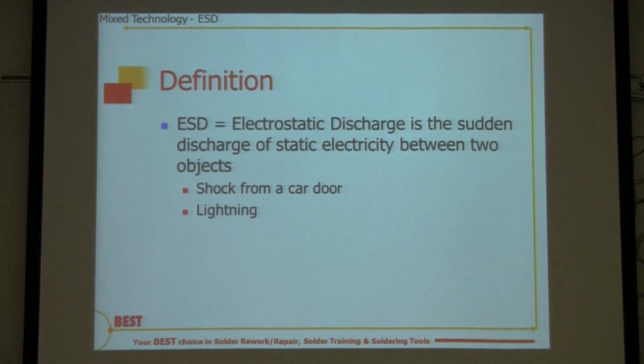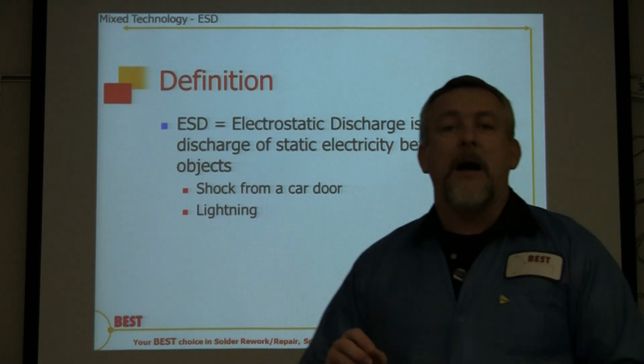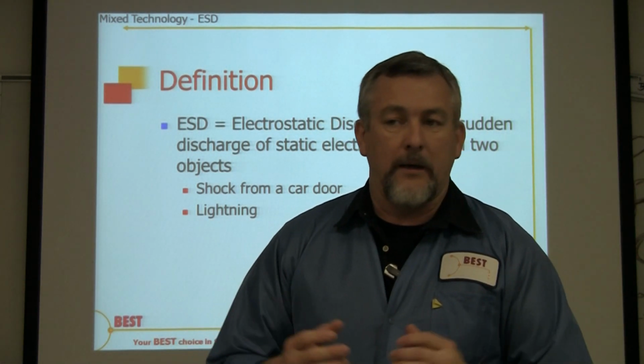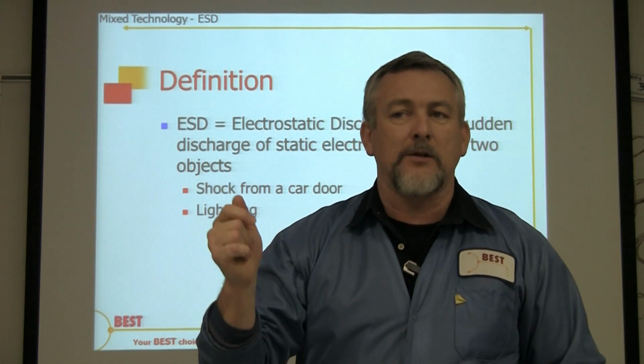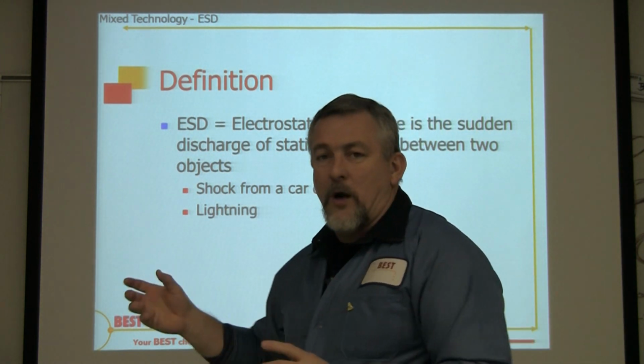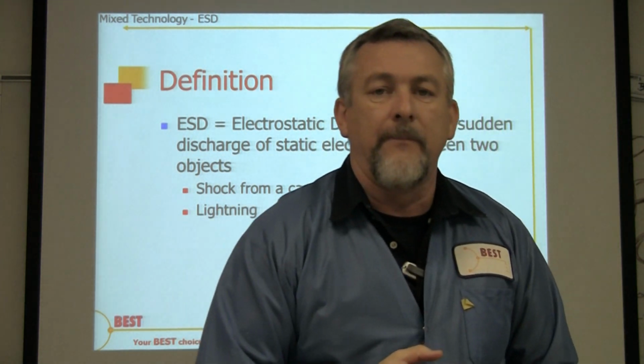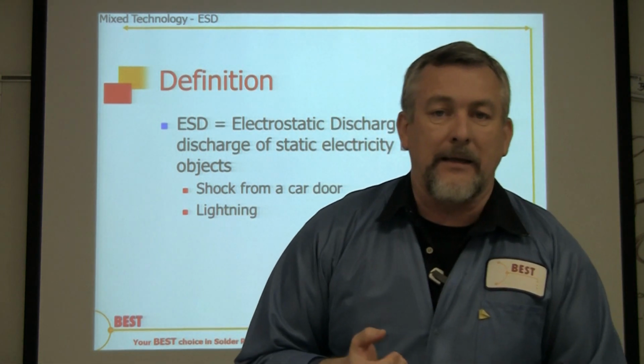So what is ESD? That's the first thing we've got to define. Electrostatic discharge is the sudden discharge of static electricity energy between 2 objects. The key word here is sudden, but we can also say rapid. Either way, it happens so fast that it's already done. When you walk across a carpet and grab a doorknob, you're discharging immediately.